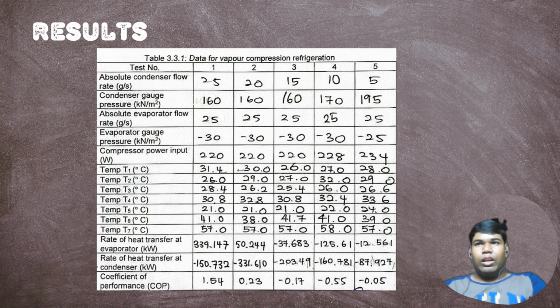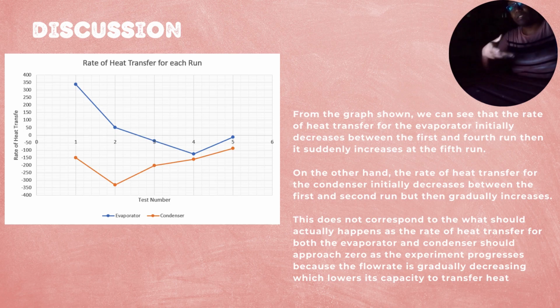This is caused by the position of the locations where we record temperature, with 1, 4, 6, and 7 being at the left. For our discussion, we can see from the graph that the rate of heat transfer for the evaporator initially decreases between the first and fourth run, and suddenly increases at the fifth run for some reason. On the other hand, the rate of heat transfer for the condenser initially decreases between the first and second run, but gradually increases.